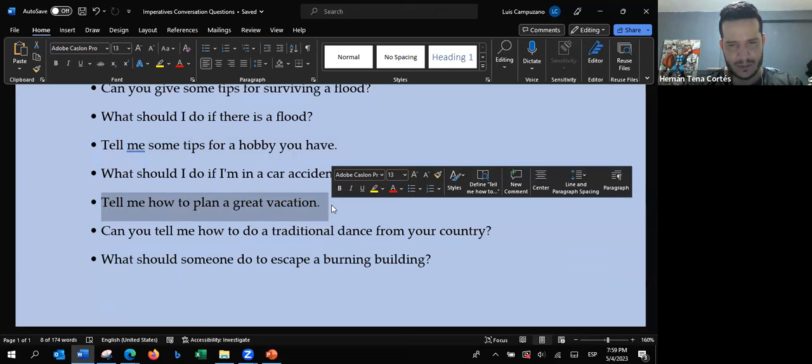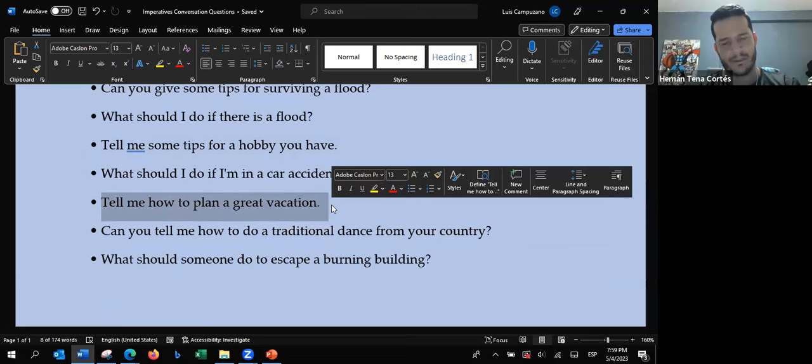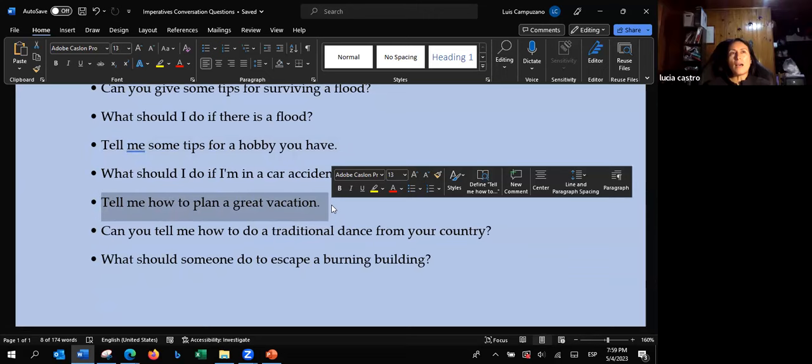Yes, first I buy the ticket for the plane. I travel by plane. Then I pay for the hotel, and I need the routine.